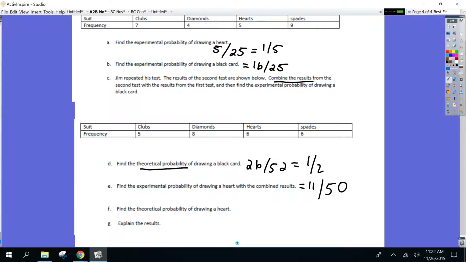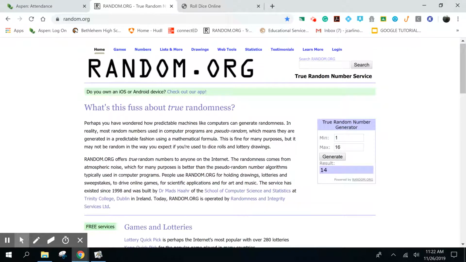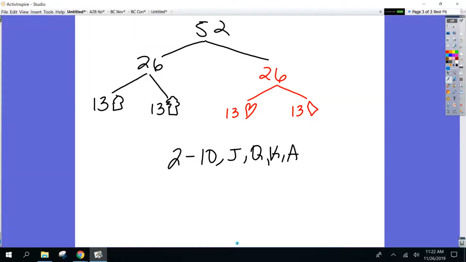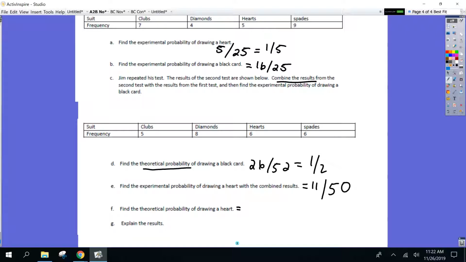Find the theoretical probability of drawing a heart. So what should happen now? What's the actual probability, not from his experiment, but just drawing a heart from a deck of cards? 13 out of 52.